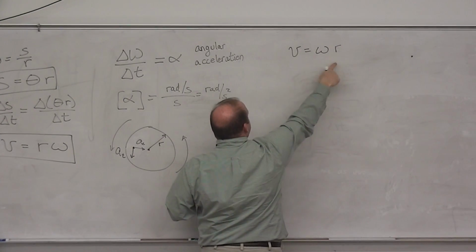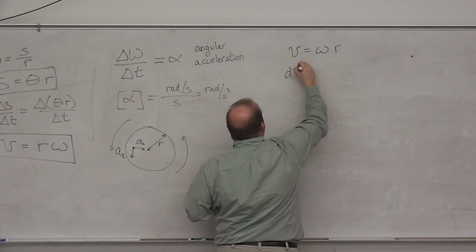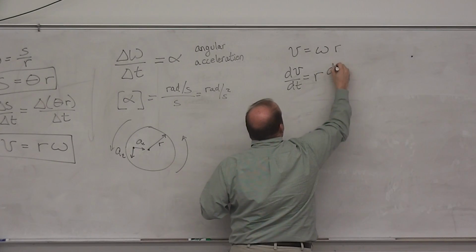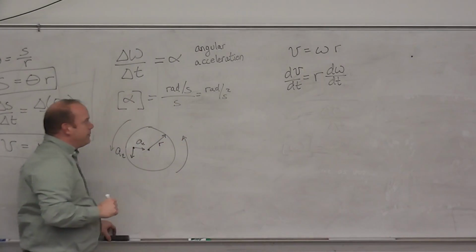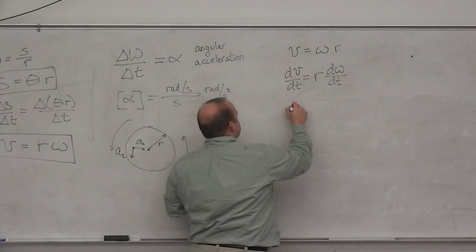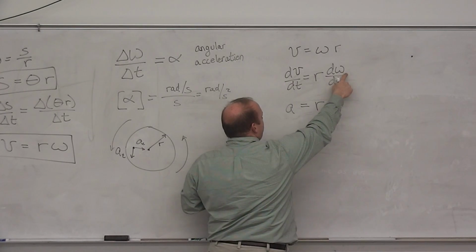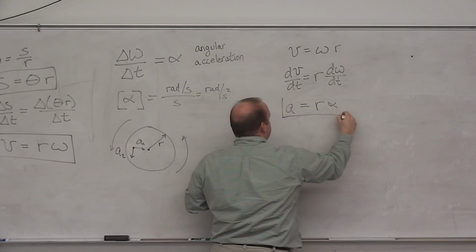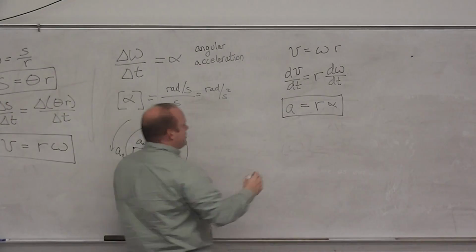If I take, and I'll use calculus style instead of just delta, dv/dt is equal to, assuming r is constant, r times d omega/dt, using calculus formulation this time. What is dv/dt? Acceleration. Acceleration is equal to r times, what's d omega/dt? Angular acceleration, alpha. And this is the tangential acceleration.